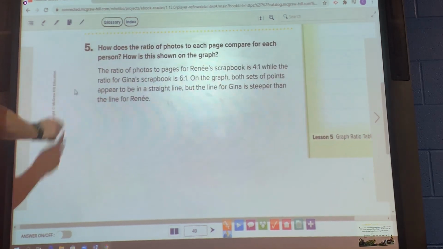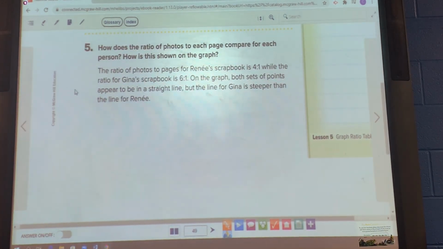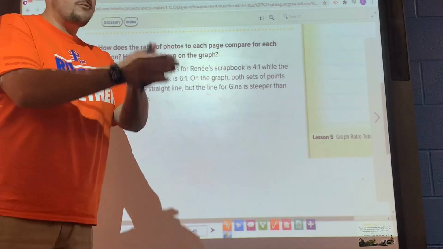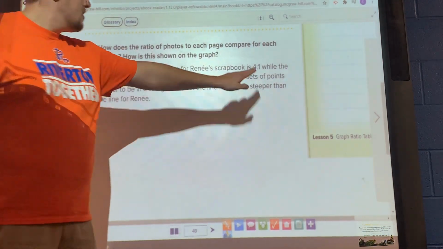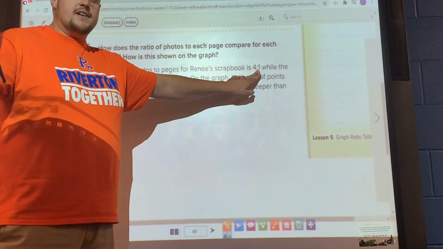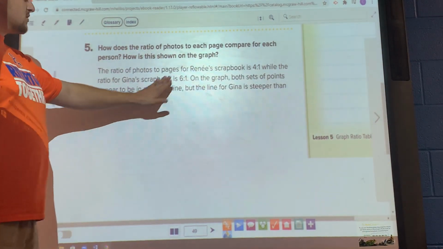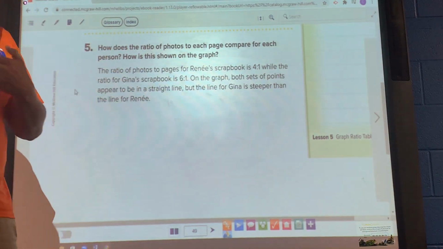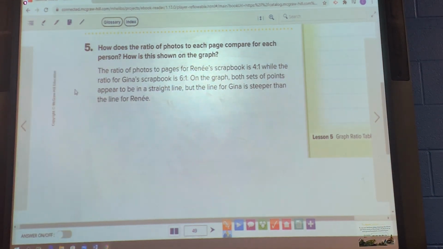It says, how does the ratio of photos to each page compare for each person? Well, Renee's scrapbook would be 4 photos per page. Her ratio would be 4 to 1. Gina's scrapbook would be 6 to 1 because she's putting 6 pictures on each page.